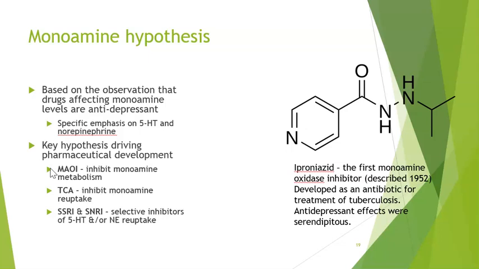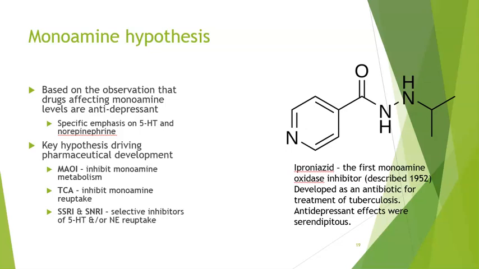They work great, however, they don't have very good safety. We then have TCAs that inhibit monoamine reuptake. Again, not great safety factors. And then finally, what is most common today are SSRIs and SNRIs. So that's selective serotonin reuptake inhibitors and serotonin norepinephrine reuptake inhibitors.